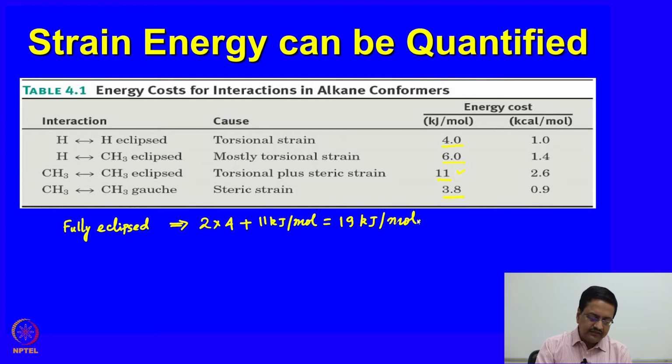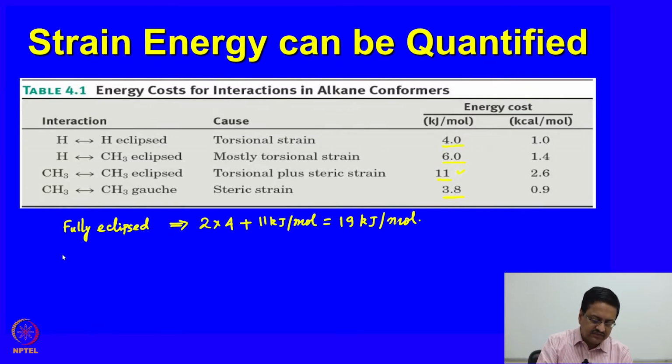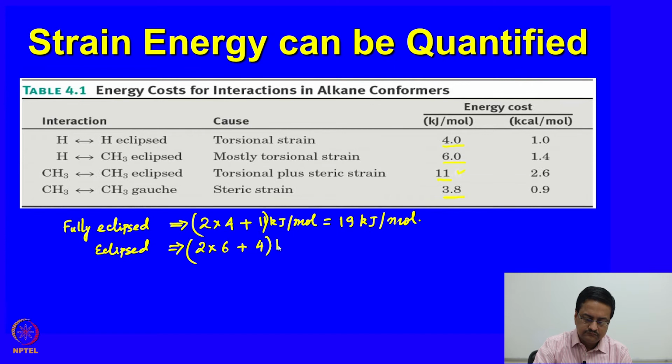One of the partially eclipsed conformations is this one; the first one is the fully eclipsed. Second one is the partially eclipsed conformation, or just eclipsed conformation, which has 2 into 6 plus 4 kilojoules per mole, which amounts to 16 kilojoules per mole.